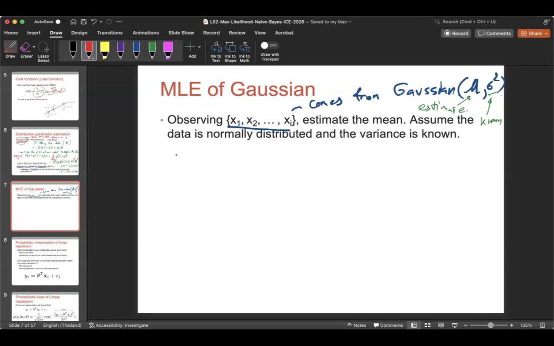So we want to find the probability of x1 with some mean, probability of x2 given the mean, probability of x3 given the mean, and we want to find the mean. And all of these are Gaussians.